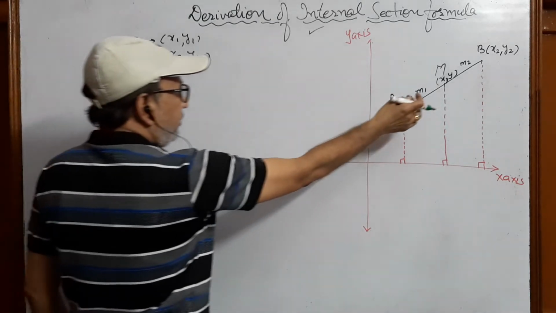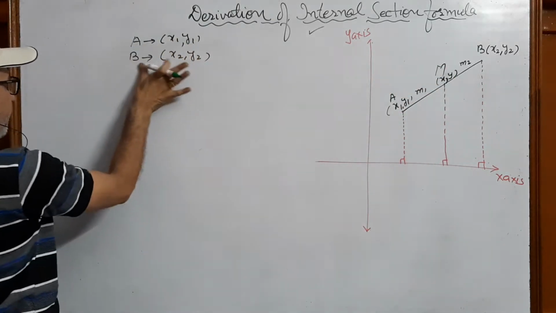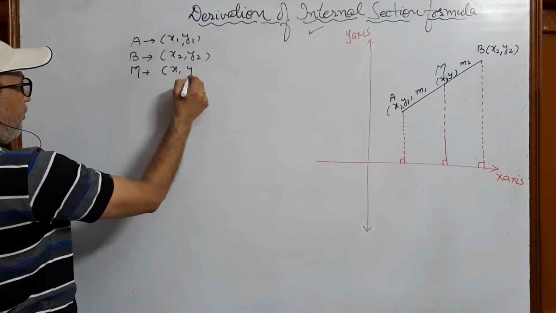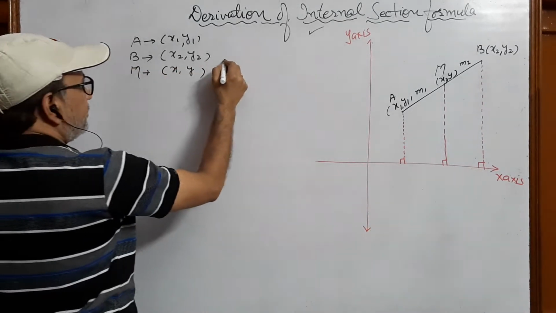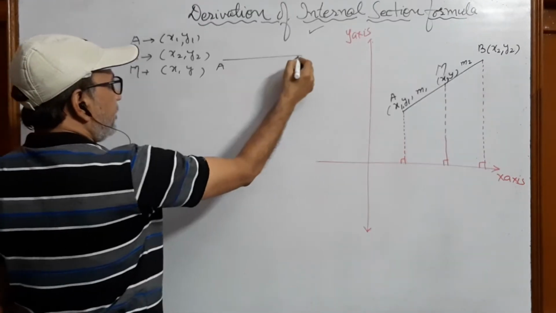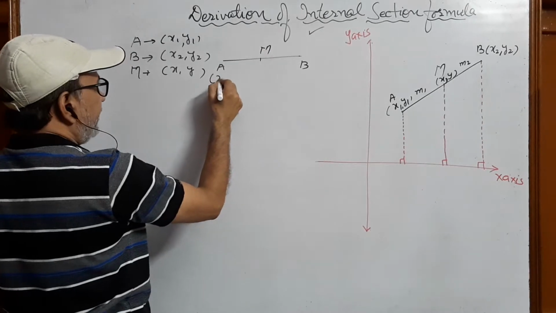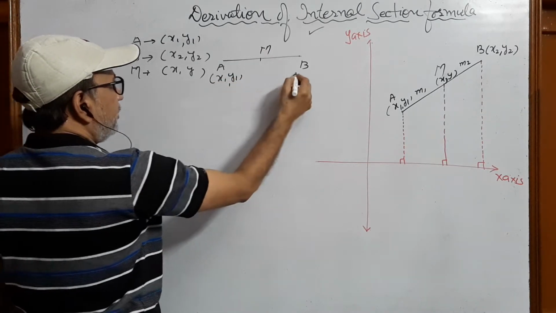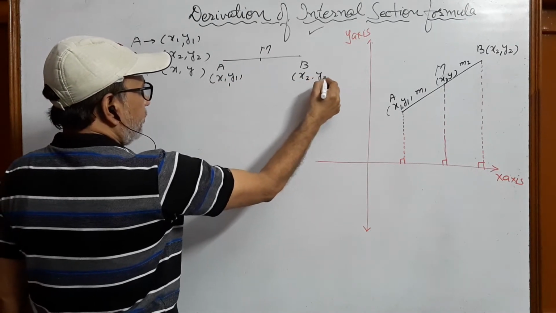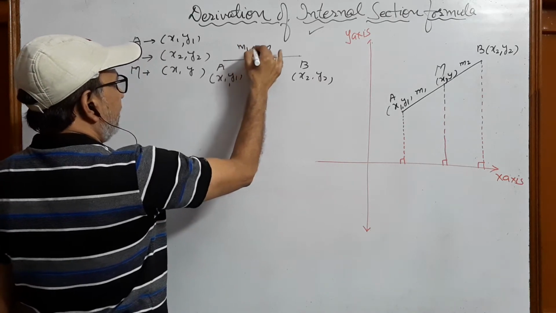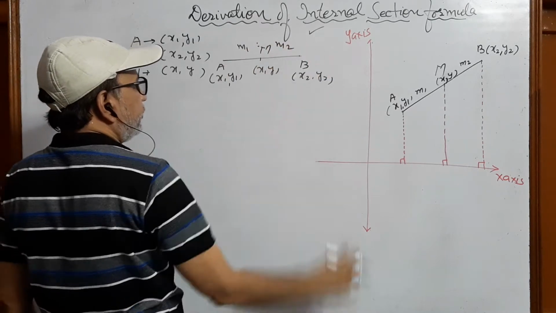Point P, or you can say M, whose coordinates are x and y, right? Suppose this A and B is a line segment. This point is M, right? x1, y1, x2, y2, x and y. This is m1 is to m2, right?